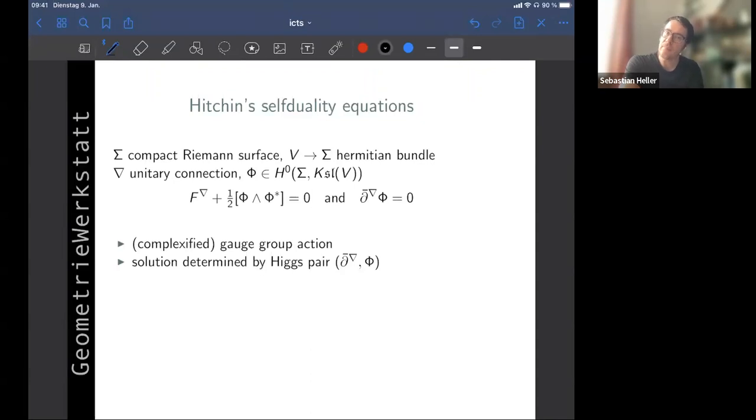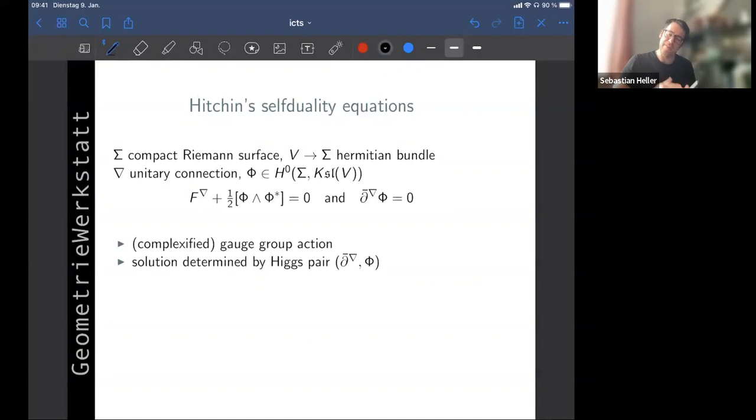So from a certain point of view, you forget about the Hermitian metric, so basically half the data of your solutions, but it's still enough to have, at least implicitly by solving a PDE, the full solution of the self-duality equations.